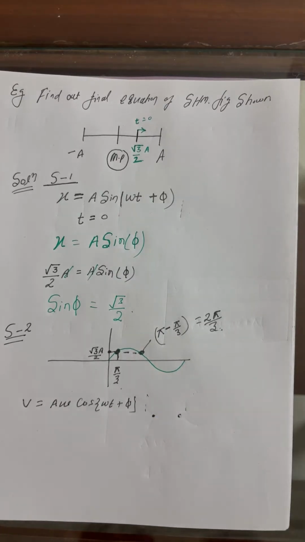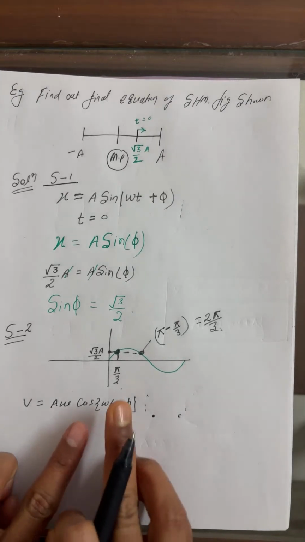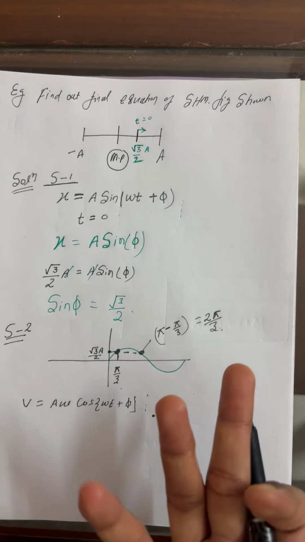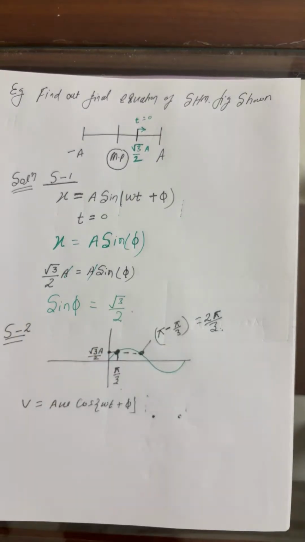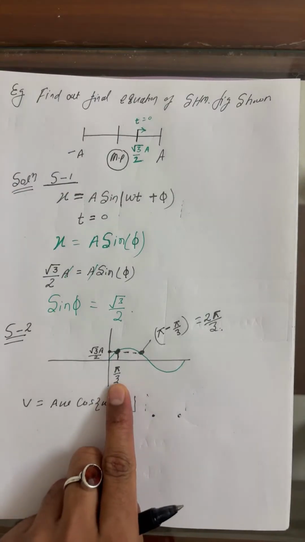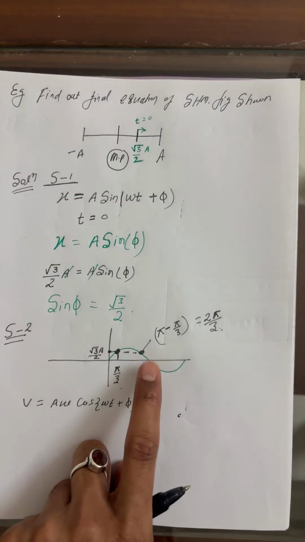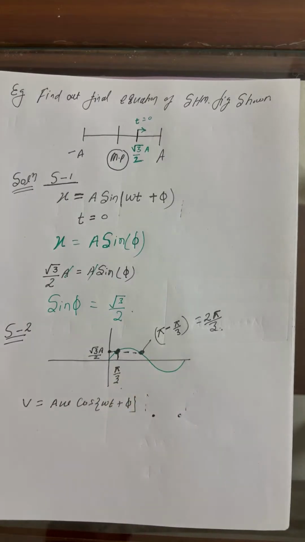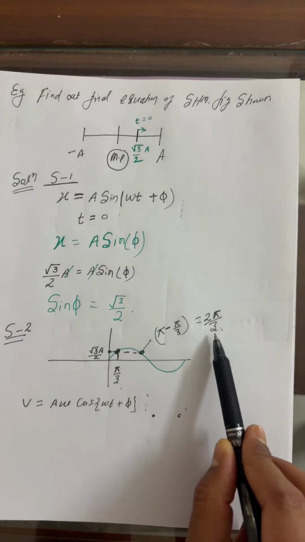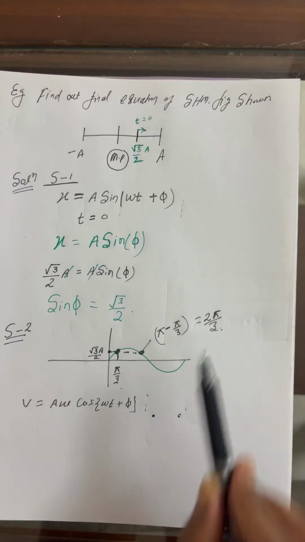Then, I know this is pi by 3. So cos is positive in the first quadrant, or you can say the fourth quadrant. So this is the first quadrant. Cos will be negative at 2 pi by 3 here, so for these values cos will be negative.